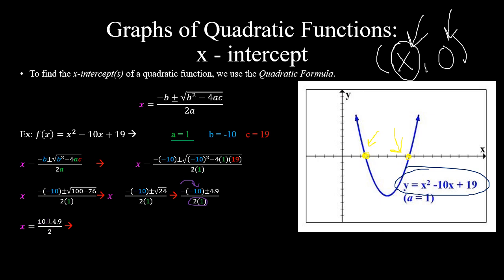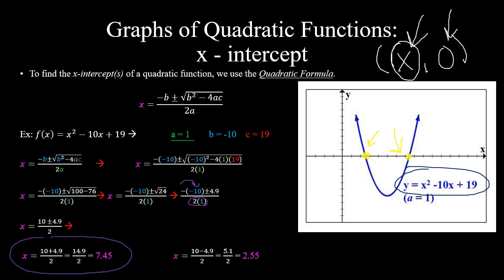Now, you'll notice that it says x equals 10 plus or minus 4.9 over 2, meaning I have two cases, 10 plus 4.9 over 2 and 10 minus 4.9 over 2. So I'm now going to split this up into those two cases and deal with one at a time. So let's look at this case first. This is my x equals 10 plus 4.9 over 2.